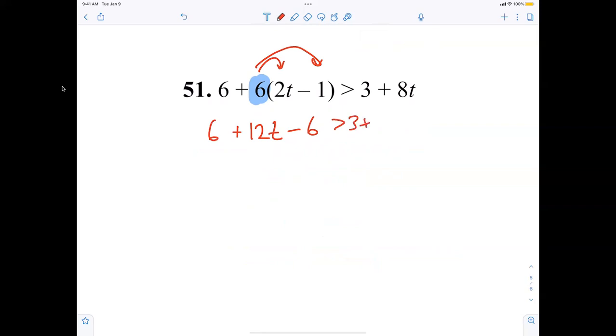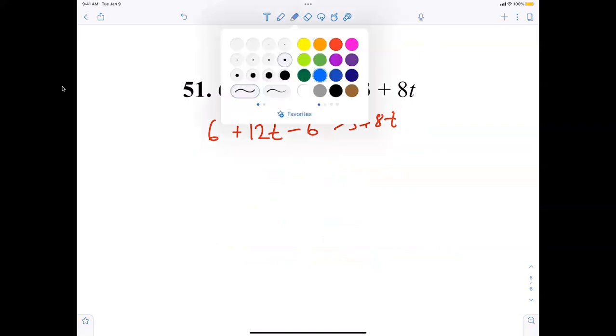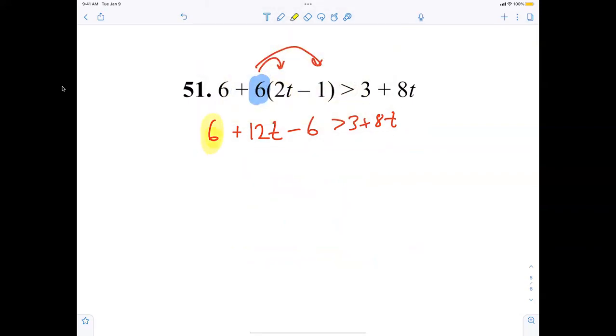And then you do 3 plus... Good, then what? What happens here if you subtract the 6T? Well, what happens to these sixes? They cancel out.